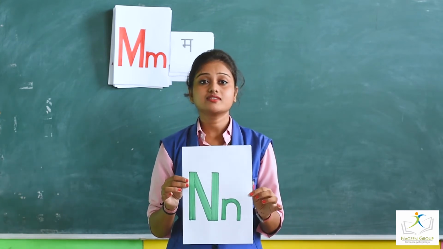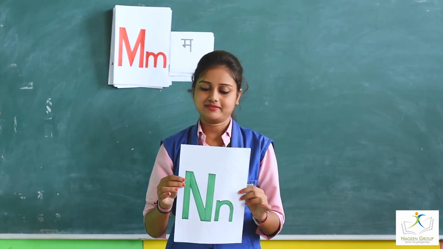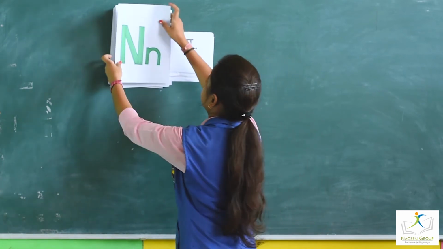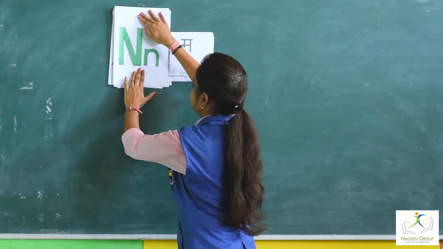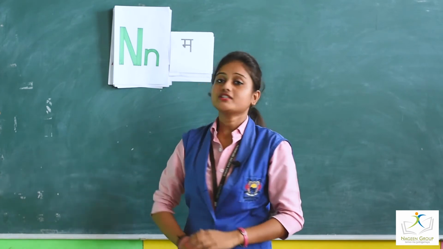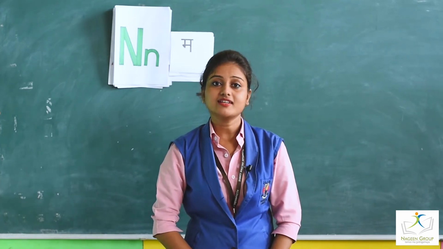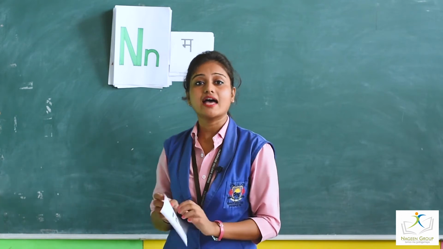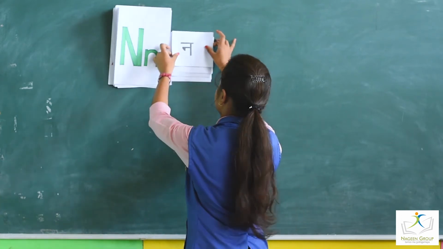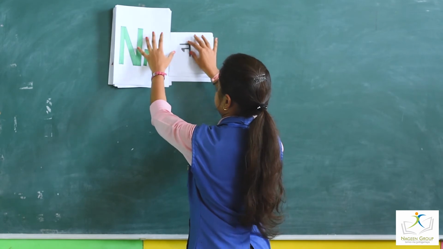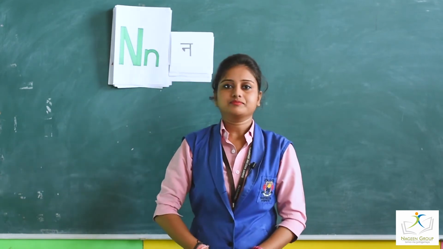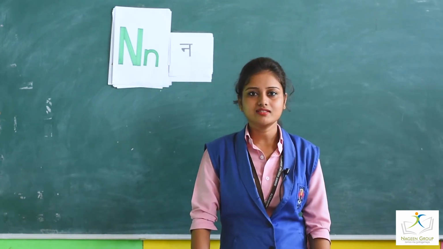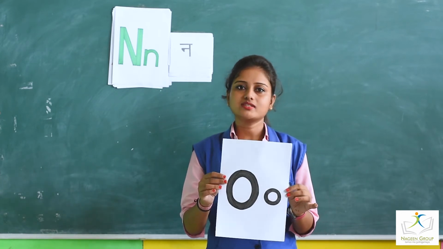Next letter is letter N. What is this? Letter N. What is the sound of letter N? It's no, no, as in nest. Next letter is letter O. What is this?